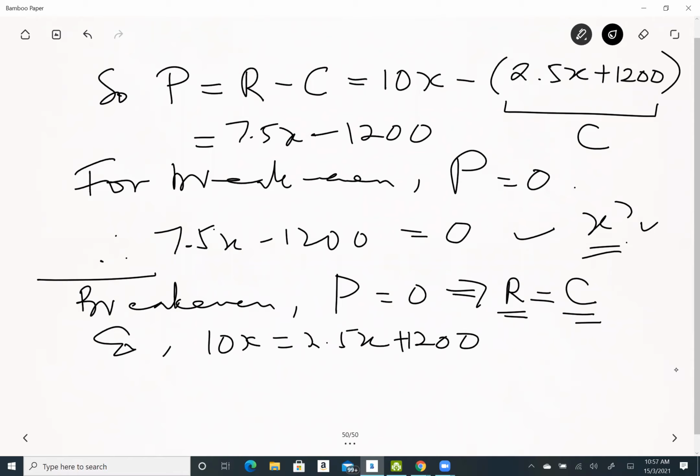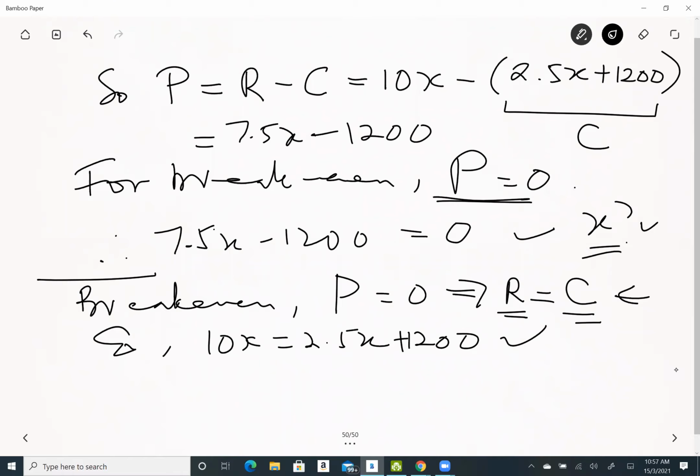So there are two approaches. One is P equal to 0, where you put R and C together and simplify. Or you can do R equal to C, so 10x equals 2.5x plus 1,200. They are the same thing, eventually equivalent.